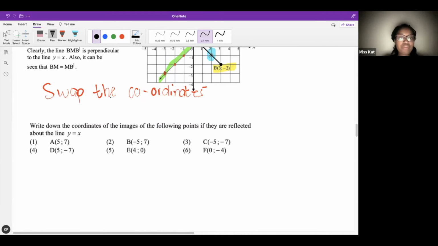Okay. We are reflecting these points on the line y equals x. Literally, the rule is above, right? The rule is just above this question. So let's see. Number 1, what is A prime? Yes, Balisa. A prime is (7, 5). Nice. What's B prime? B prime is (7, -5). Nice. C prime. C is (-7, -5).